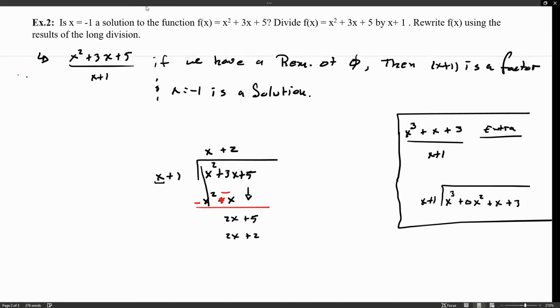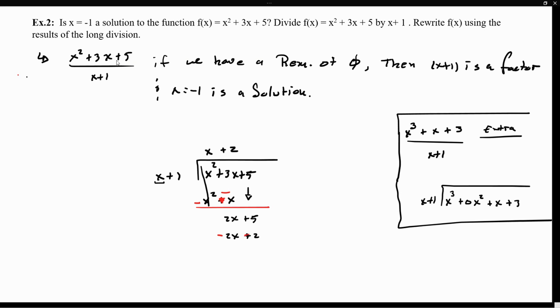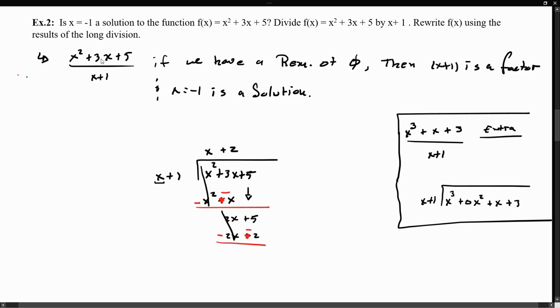And again, before we combine, we got to change the sign. So let's change this into a negative. It was a positive, let's change it into a negative. And now let's combine. If we combine, the first term goes away, and we got 5 minus 2, which is equivalent to 3. So notice that now we have a remainder of a value of 3.